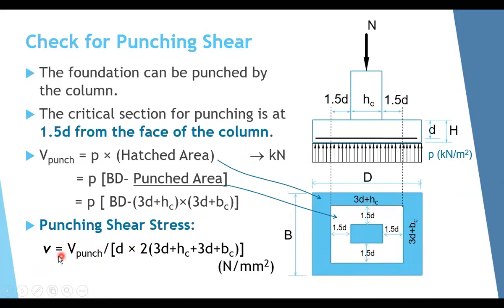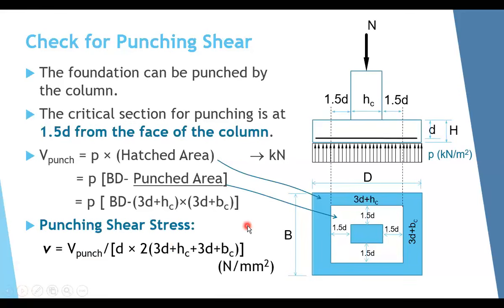And again, we have to compare this punching stress with the VC, or the shear stress carried by the concrete, and it should be less than VC to have the punching shear safe in this case. If it is greater than VC, you have to increase the depth of the foundation until you have a safe punching shear stress.